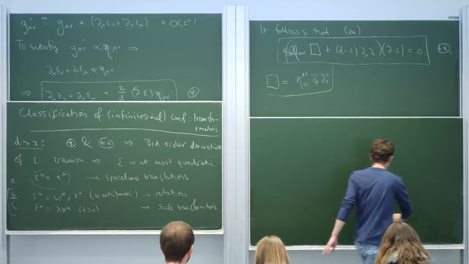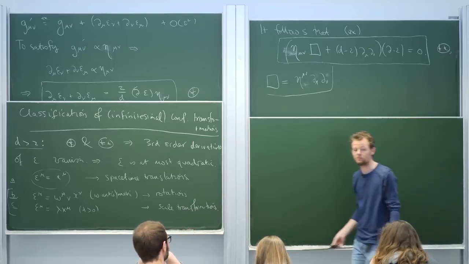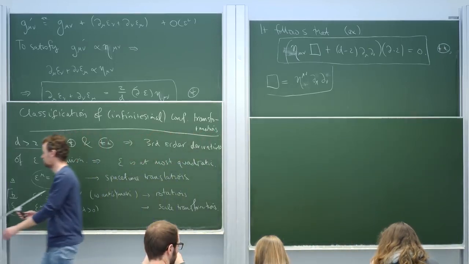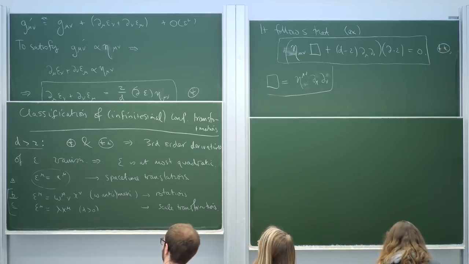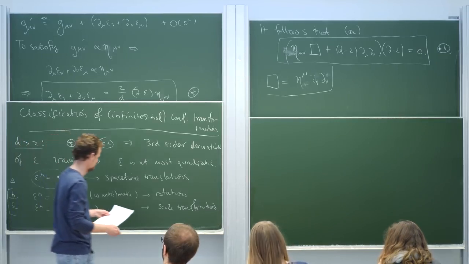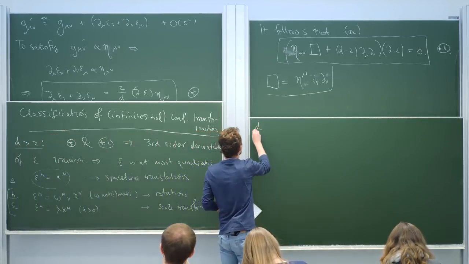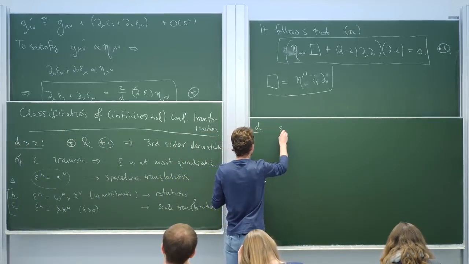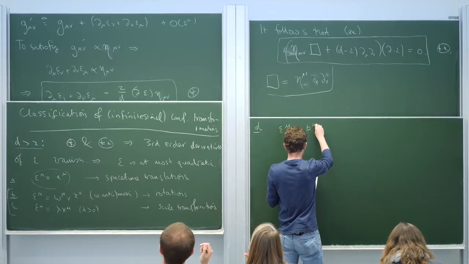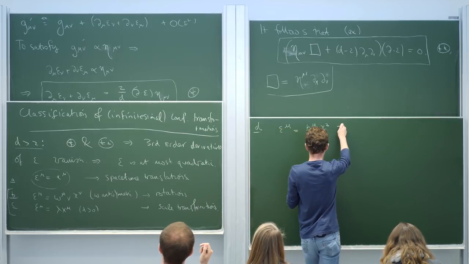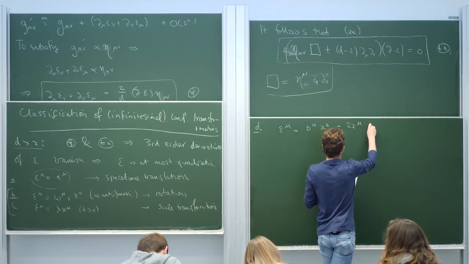Now it turns out that doesn't quite exhaust all the possible conformal transformations that are allowed. There's one special class left. These are the quadratic ones. And they have this form.